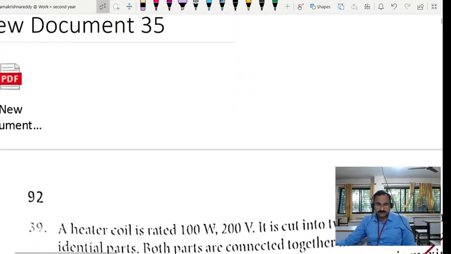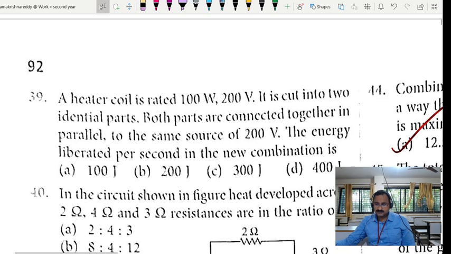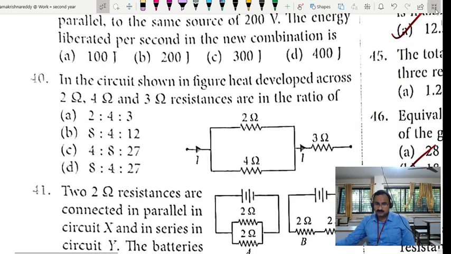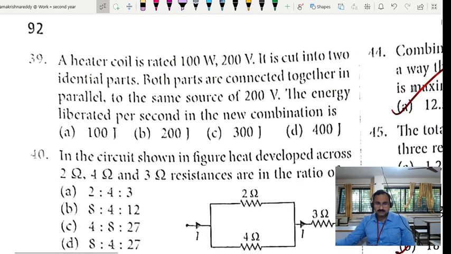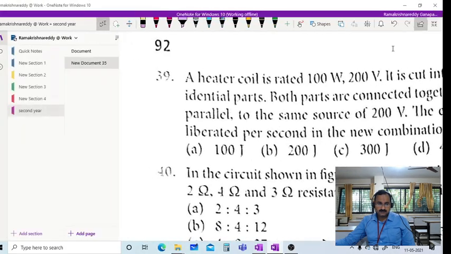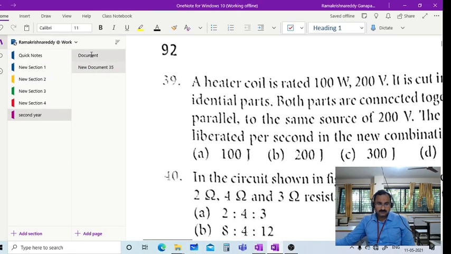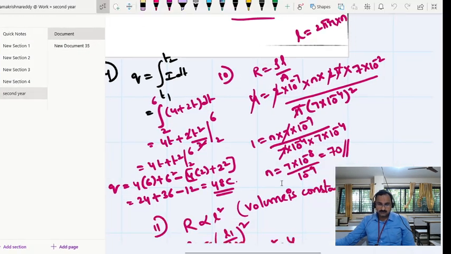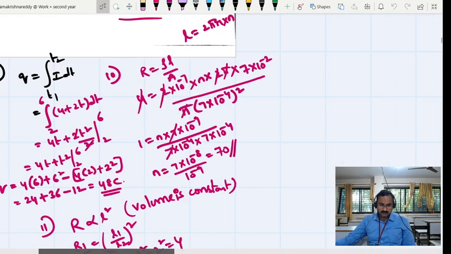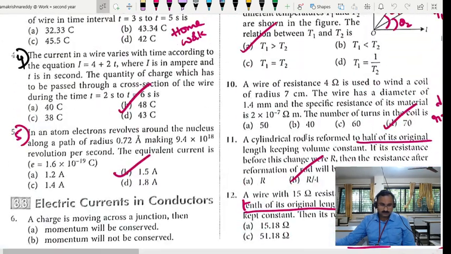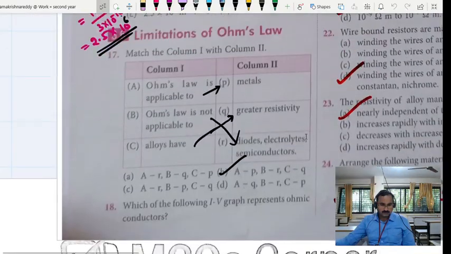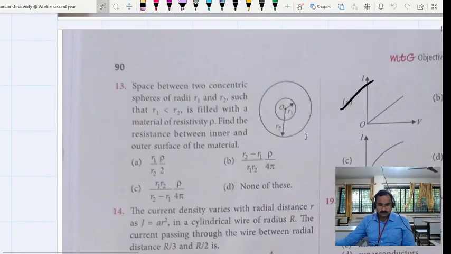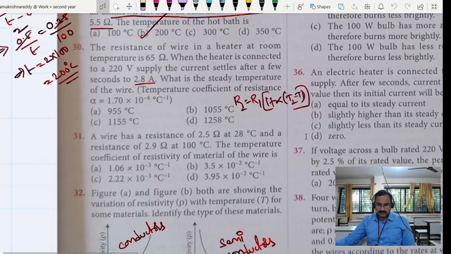Next, coming to the power problems. See the power problems here.